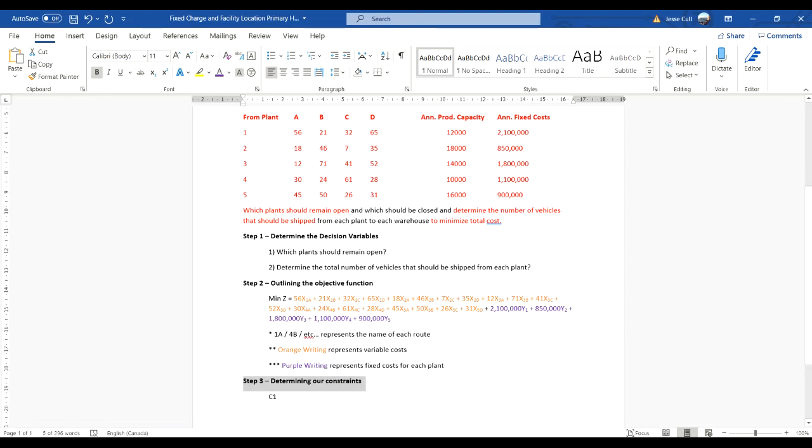We see here there are 20 different shipping decision variables plus 5 different fixed cost variables. If we do this in QM, if we're not using arrays like we saw in our transportation problem, this will take a very long time to enter all the relevant data, because in this situation, you have to enter all of the information for each decision variable.